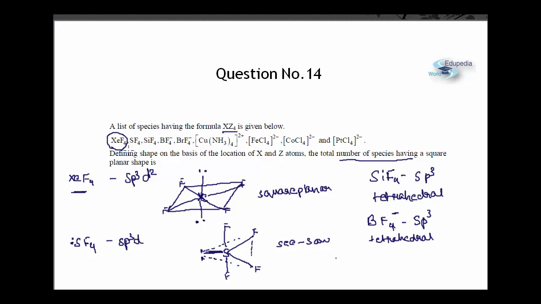XeF4 will be square planar in nature, and then we have BrF4- which will be square planar in nature, that makes 2. Then the amino complex of copper will be square planar in nature, and finally PtCl4 2- will be square planar in nature. So that makes a total of 4 of the compounds that will be square planar. So that will be my answer. Thank you.